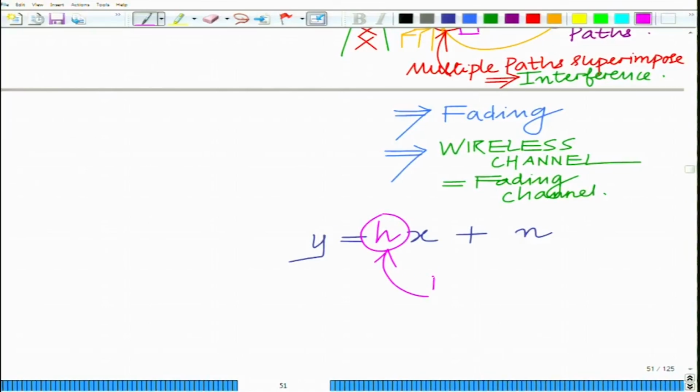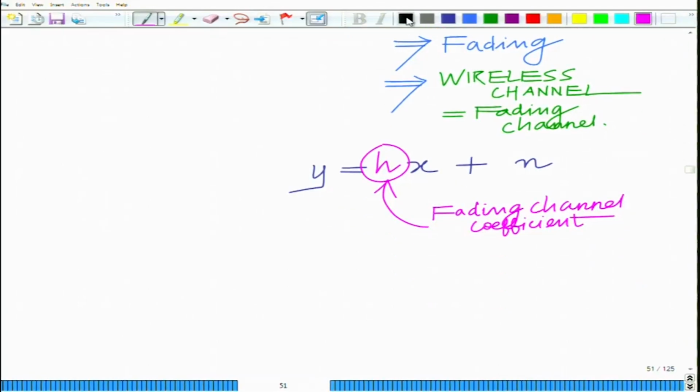This is termed as the fading channel coefficient, and this is a random variable.